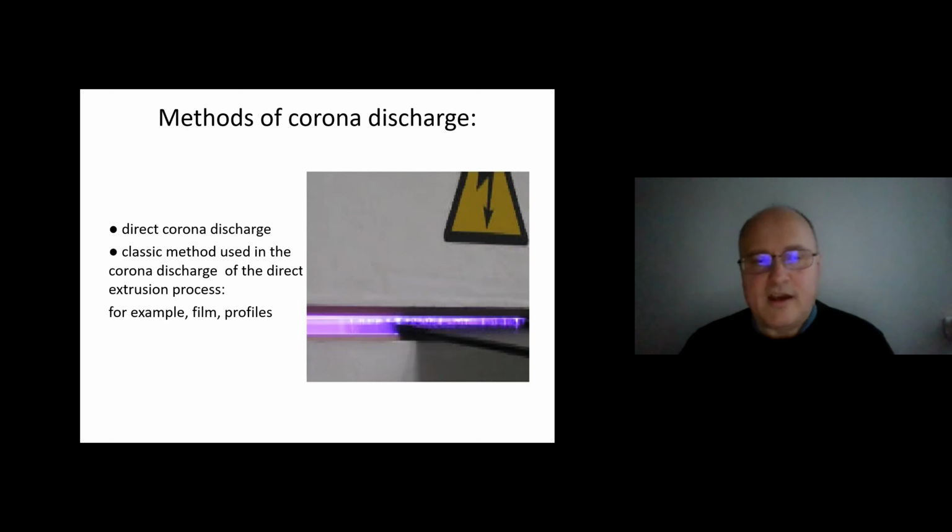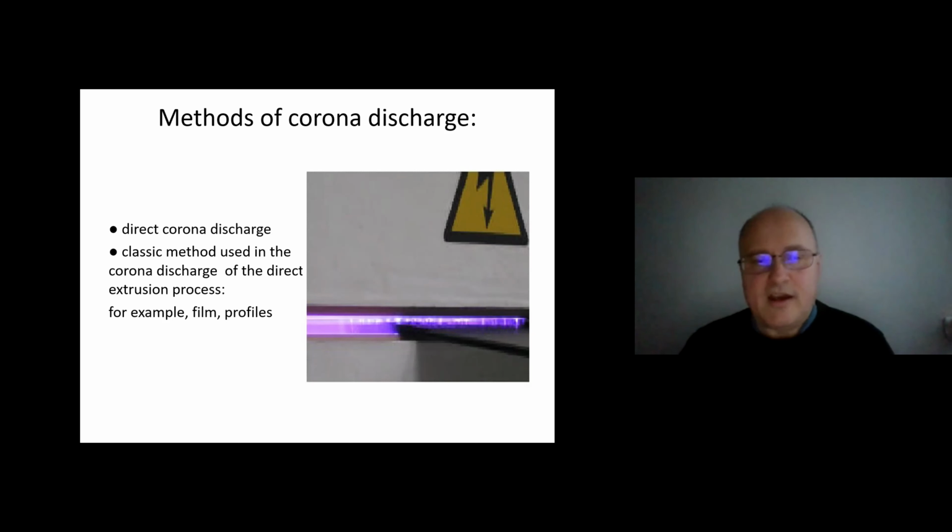And sometimes we are interested in better properties of our material, and we can use this. Next, plasma treatment. A very good method for cleaning, purification of plastics, surfaces, and from very small, not wide surfaces, but with different shapes.